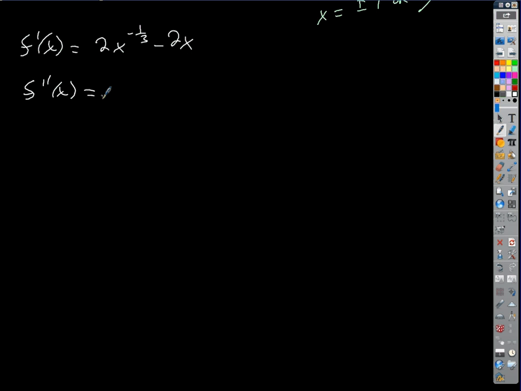What do we get? Negative 2/3, okay. Power rule, I'll bring that down front. I get negative 2/3 x to the negative 4/3, minus 2, okay? So if I write that as fractions, I'm getting negative 2 over 3x to the 4/3 minus 2.